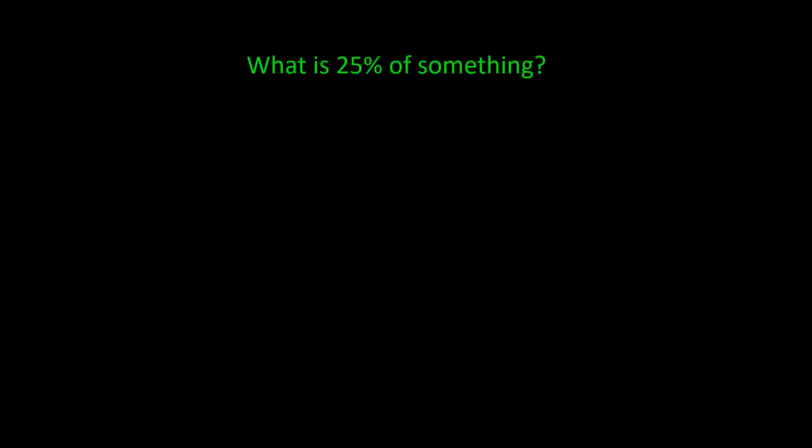Next up, what's 25% of something? To find 25%, we find 50%, and then we find half of 50%. So in other words, we divide by 2 and then divide by 2 again. So what's 25% of 824? First up, that's not a misprint, we are going to find 50% of 824.